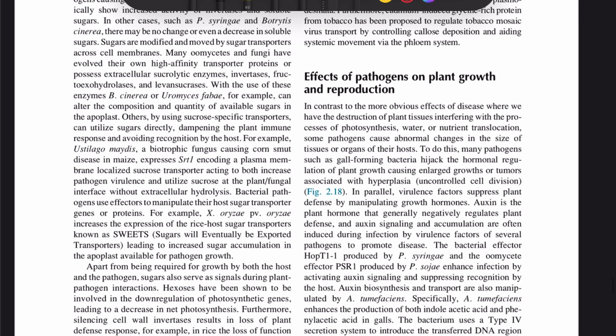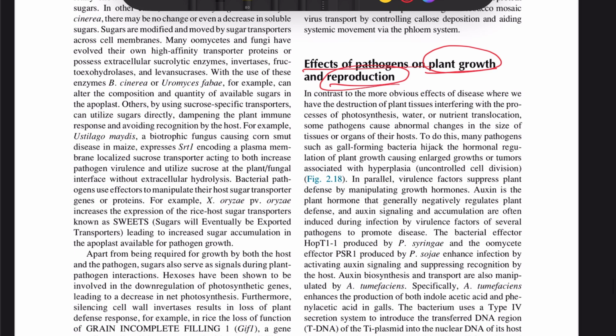Again, effects of pathogen on what? Plant growth and reproduction. Now, pathogens disrupt plant growth and reproduction by altering hormones, damaging tissues, redirecting nutrients, and destroying reproductive organs.